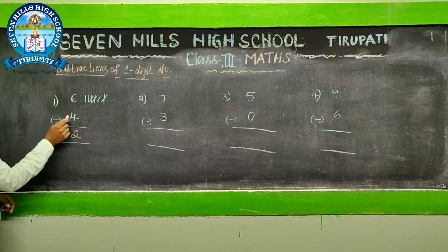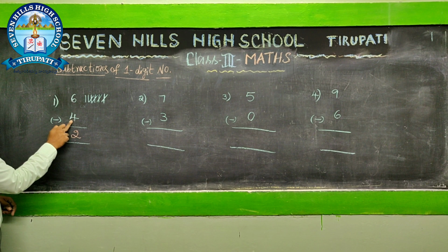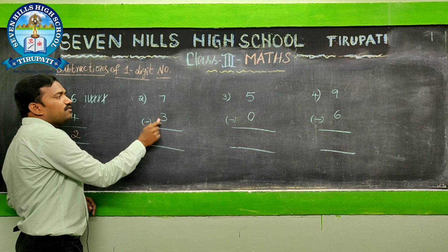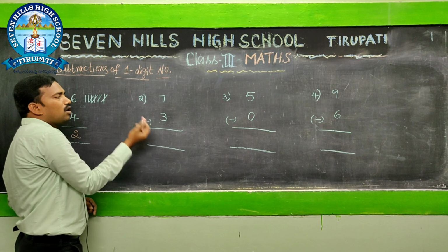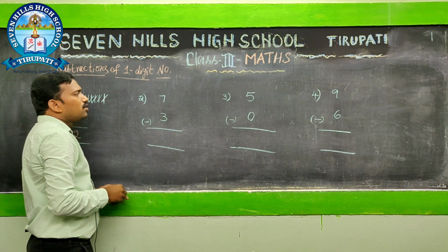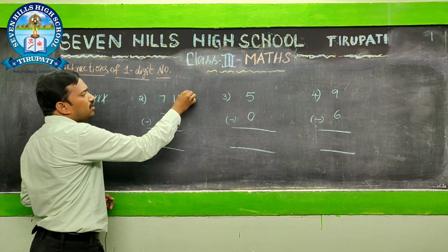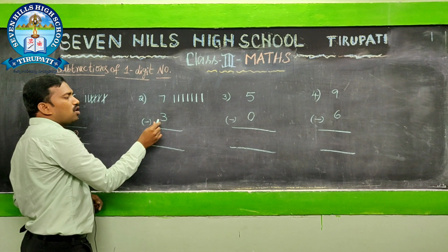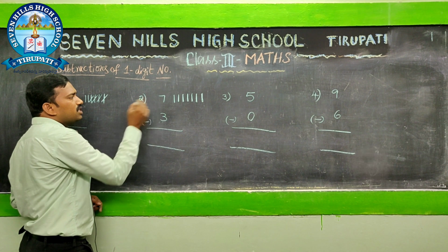2 is the answer. So 4 is subtracted from 6, then the result is 2. Now we want to subtract 3 from 7. We write 7 lines here: 1, 2, 3, 4, 5, 6, 7. 3 is subtracted from 7, right?